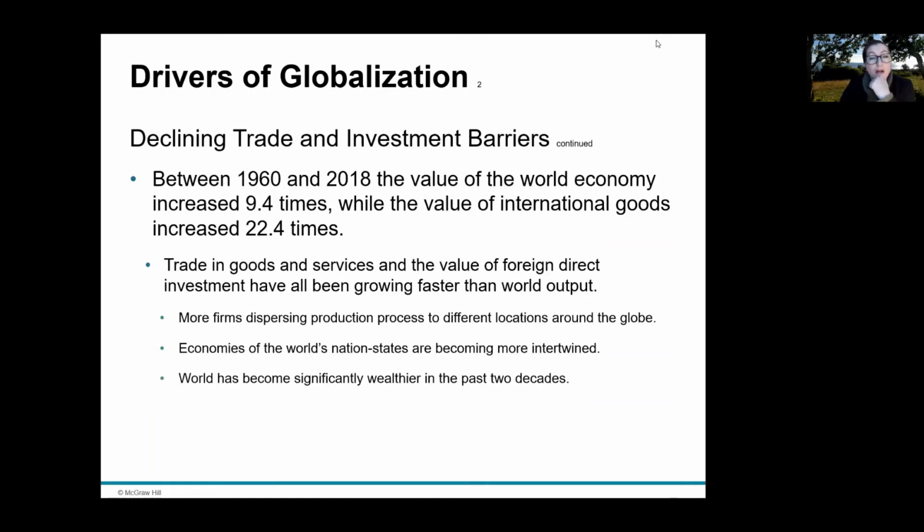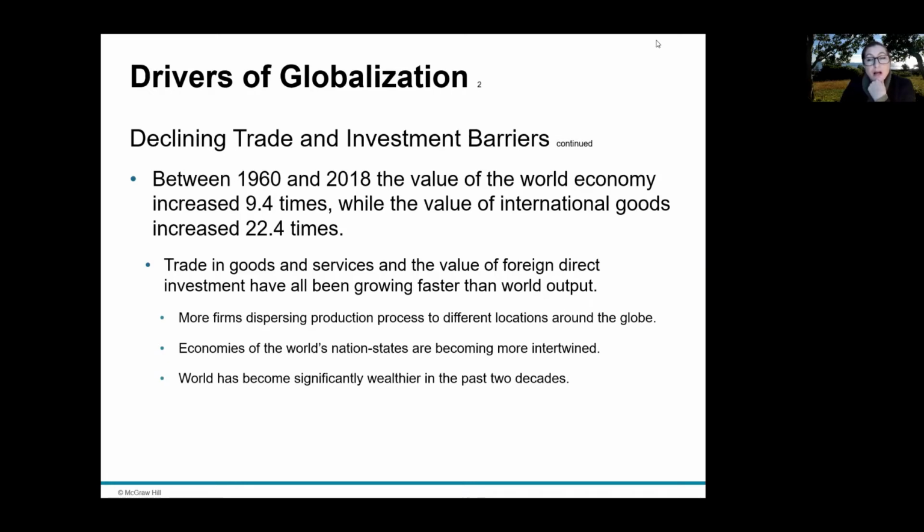These declining trade and investment barriers are evident in the numbers over the years. Between 1960 and 2018, the value of the world economy increased nearly 9.4 times, while the value of international goods increased 22.4 times. So trade in goods and services and the value of foreign direct investment have all been growing faster than world output.